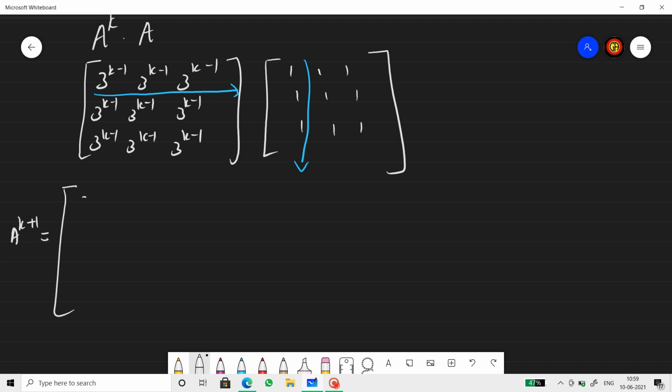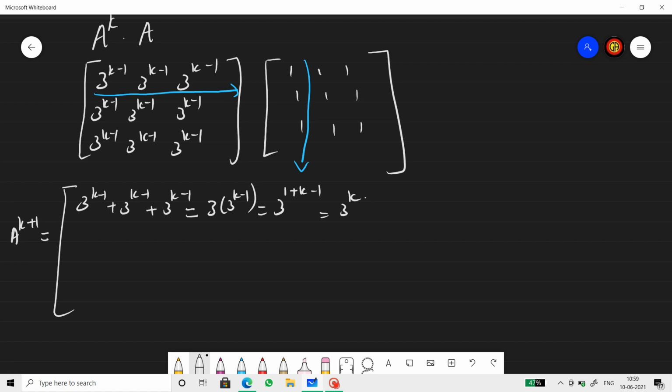So we get 3 to the power of k plus 1 plus 3 to the power of k minus 1, 3 to the power of k minus 1 throughout. Let me just simplify because everywhere I'm going to get the same thing. This I can write as 3 times 3 to the power of k minus 1, correct? When the base is the same, the powers are added, so plus k minus 1. Hence this will become 3 power k.